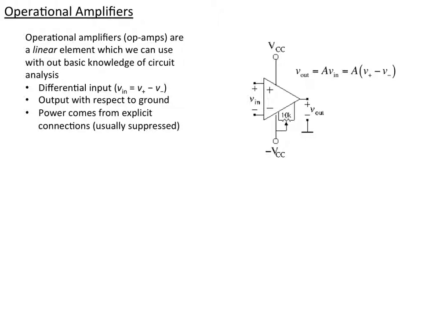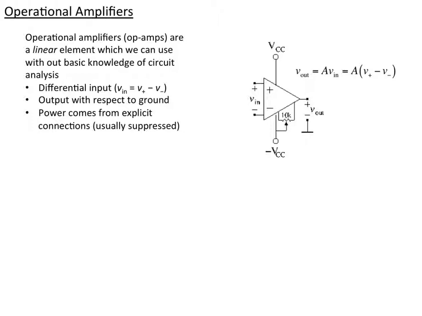Now, usually the power leads of this circuit are suppressed. We don't draw them. But if we draw them all in, then we see that we have to give it a negative supply and a positive supply. We can make some slight adjustments that you can look up, but we're not going to talk about here. And that V out is actually explicitly the difference between ground and this lead.